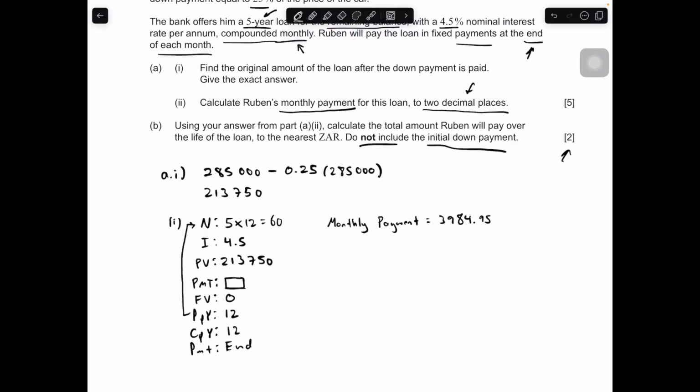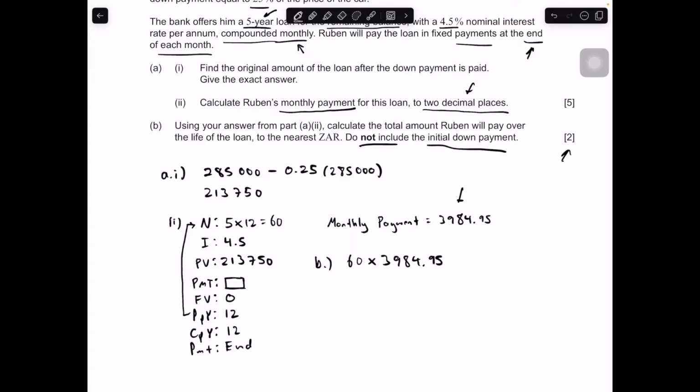So if he is paying $3,984.95 every month, and he's making 60 payments, the total amount that he will pay over the life of the loan is just going to be 60 payments of 3,984.95 Rand.